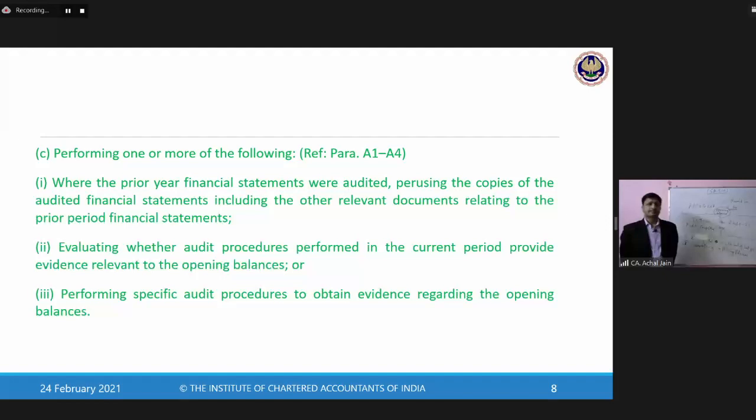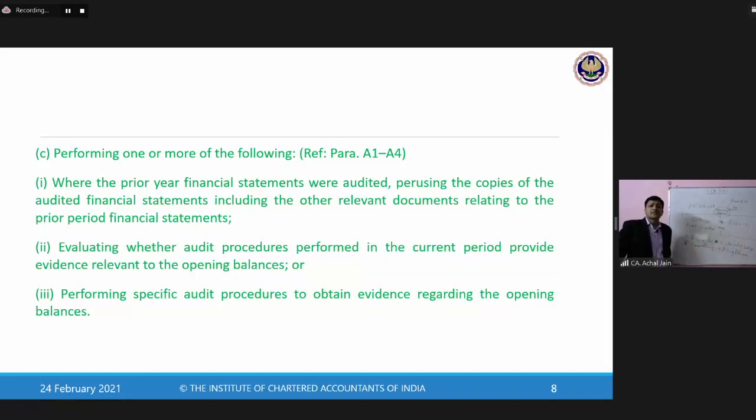It says that in respect of these opening balances, other than these two procedures, the auditor would also perform some more audit procedures, to ensure that the balances which would appear as at 31st March 2021 out of these opening balances reflect a true and fair view. So let's understand how that would be possible.